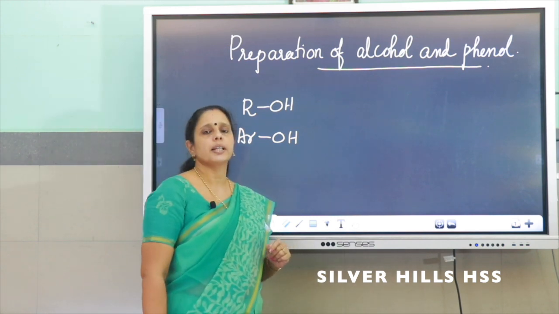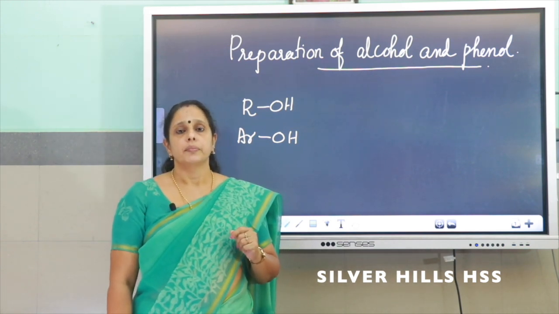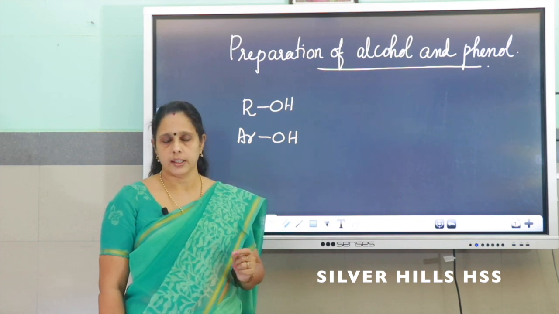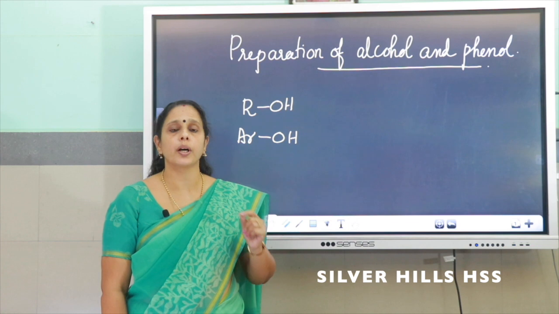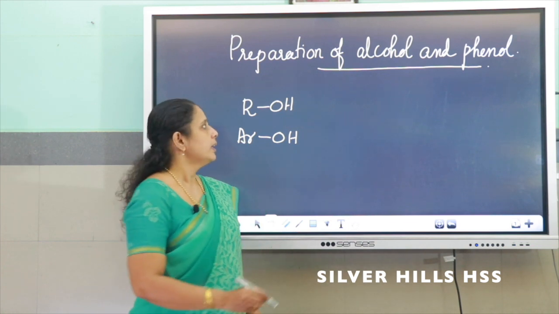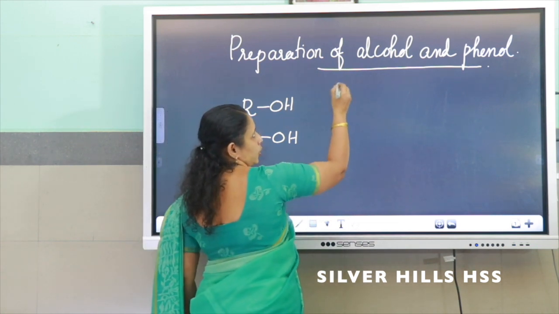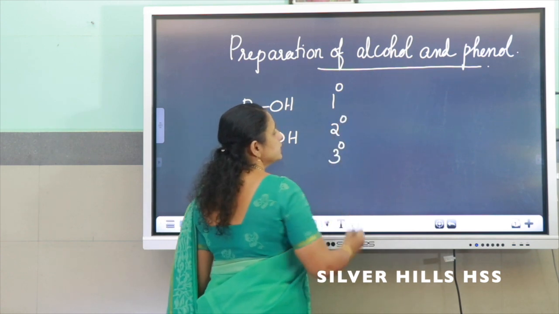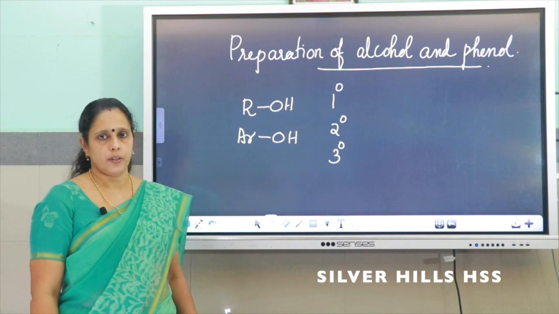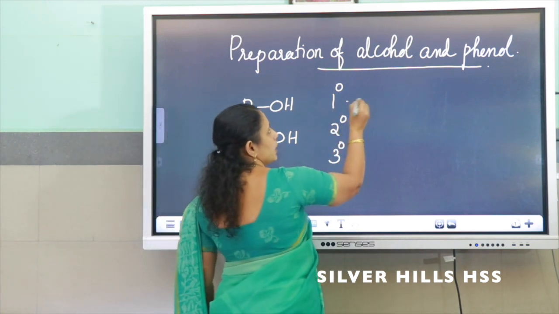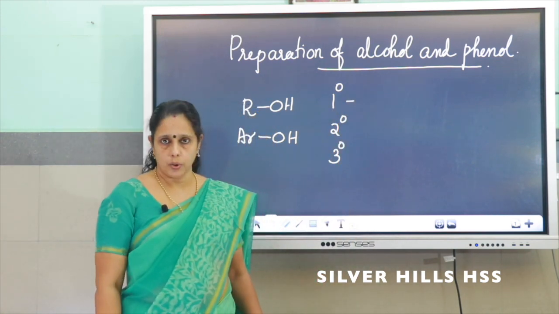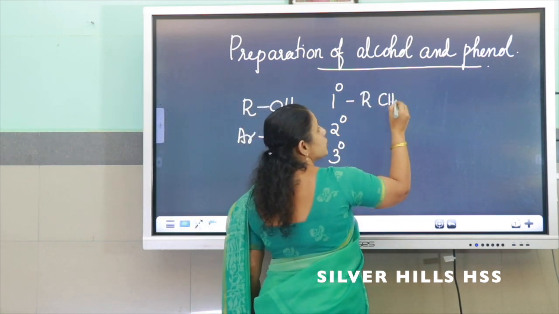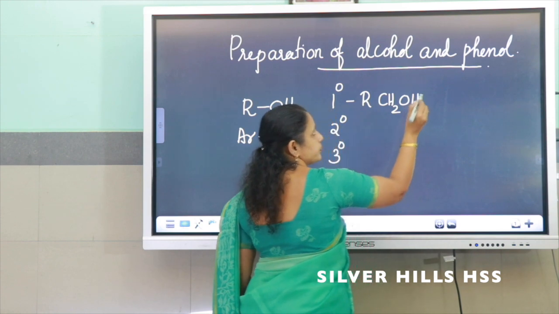First, we can discuss the different types of monohydric alcohols. There are three types of alcohol: primary alcohol, secondary alcohol and tertiary alcohol. The general formula of a primary alcohol is RCH2OH.